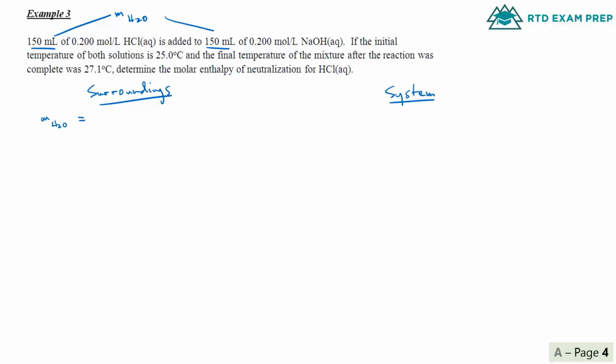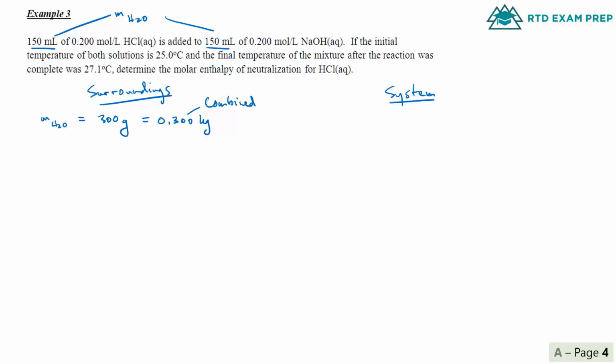So our mass of H2O is going to be 300 grams. And of course, we want our mass of H2O in kilograms, so it's going to be 0.300 kilograms. And don't forget that this is a combined mass from those two solutions.